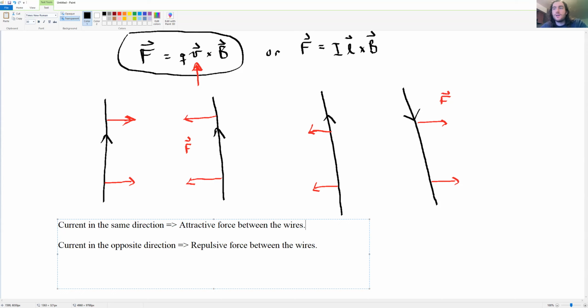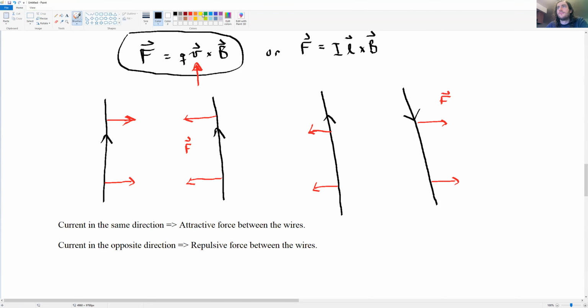But of course, we want to also understand the reasoning, right? And that's basically the reasoning that we just went over there. So in this case here, the magnetic field over here is going to be up in this direction. So if we do V cross B, we'll get the force pointing to the right. The magnetic field over here at this wire is going to be like this. And so we can do V cross B and get that the force is pointing to the left.